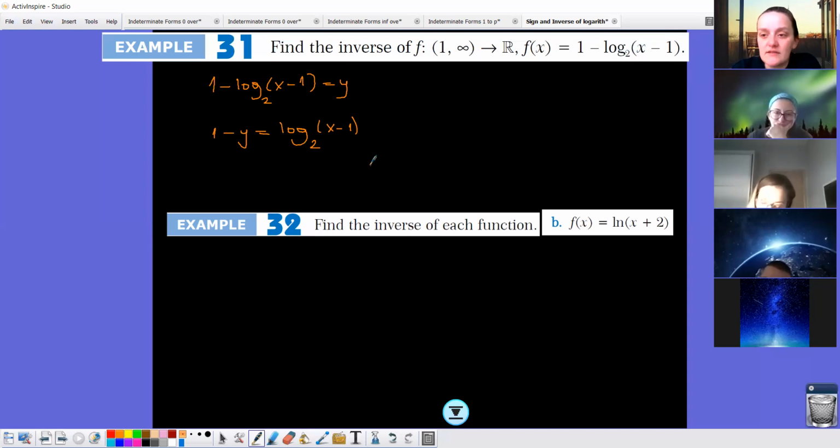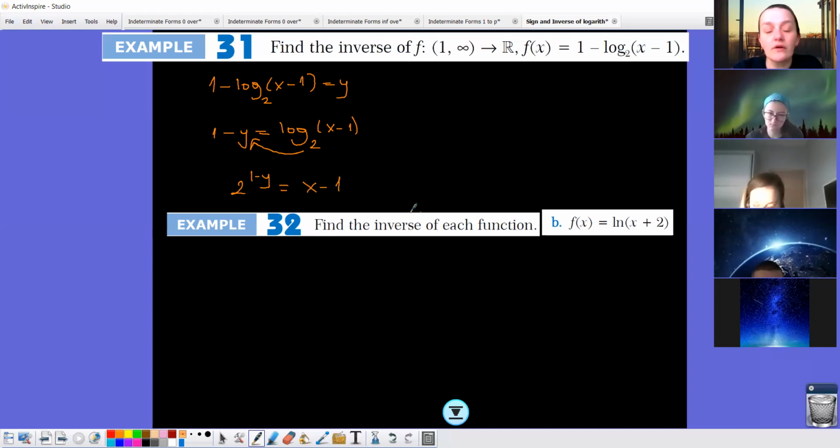Always in these cases, you will convert this one to exponential, because in that case, this part will be alone without logarithm. So how can I convert this one to exponential? The 2 will take them up. So it will be 2 to the power of 1 minus y is equal to x minus 1. Yes?